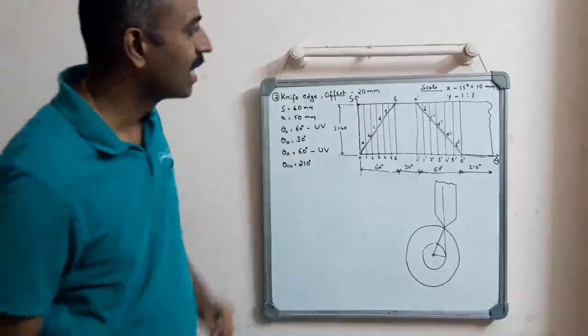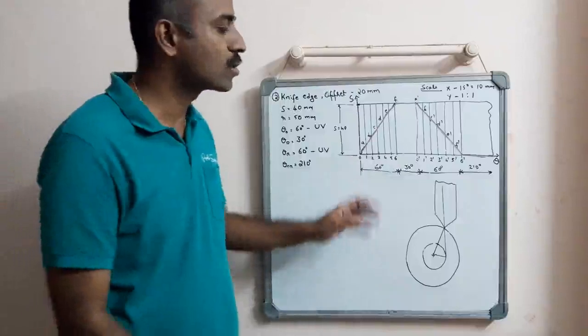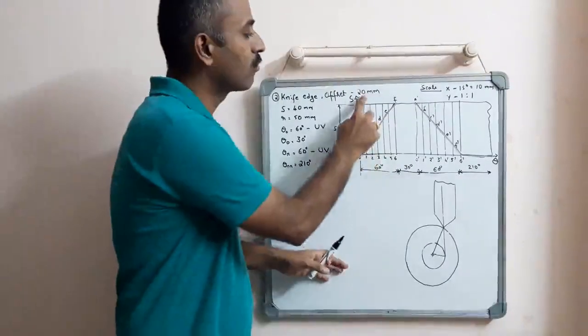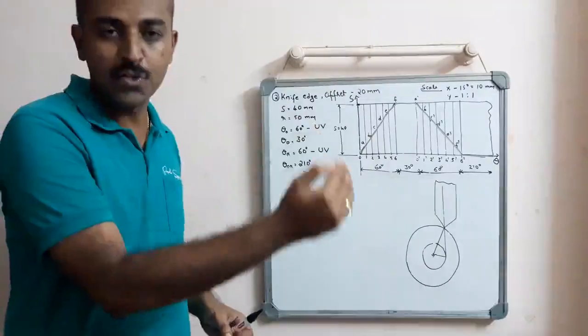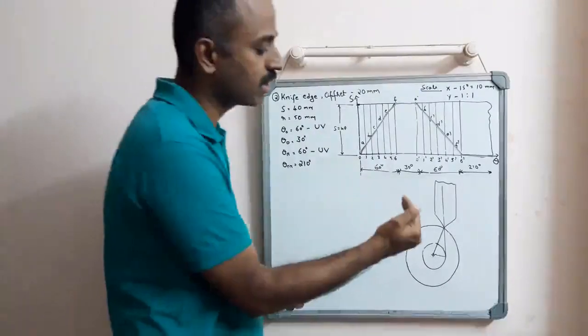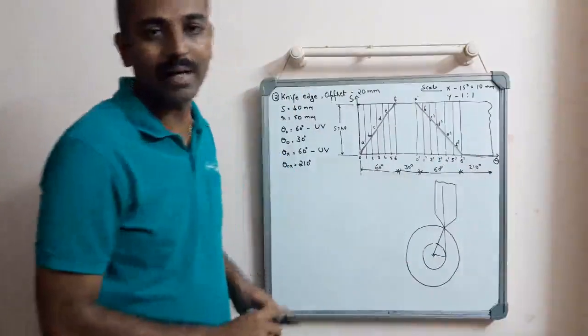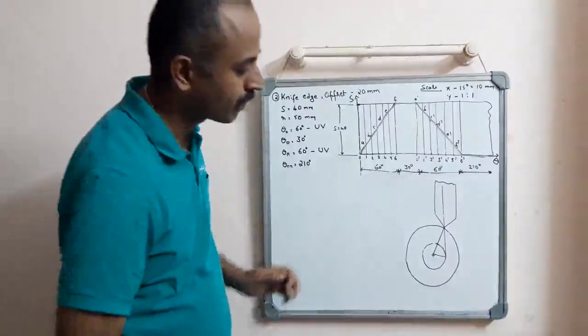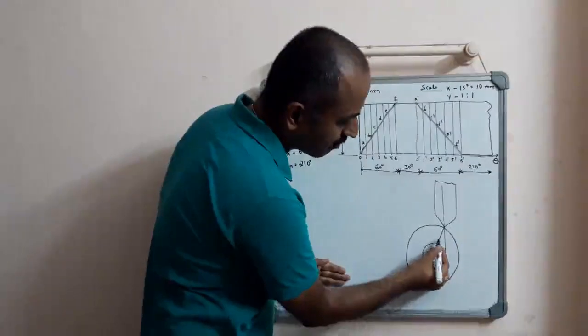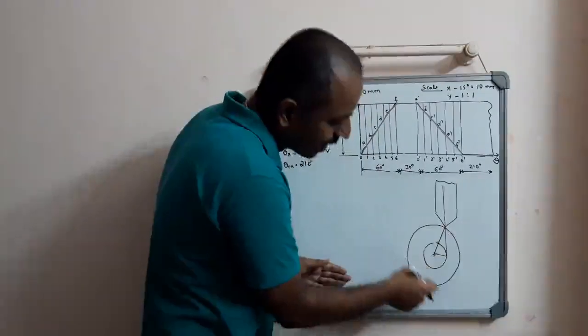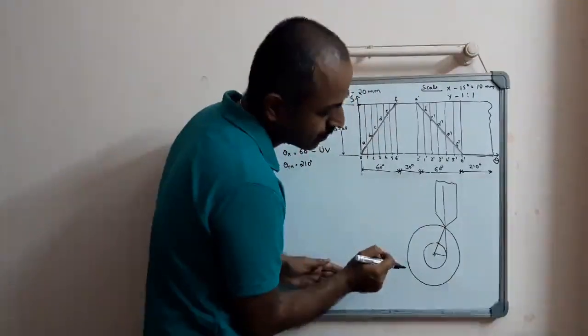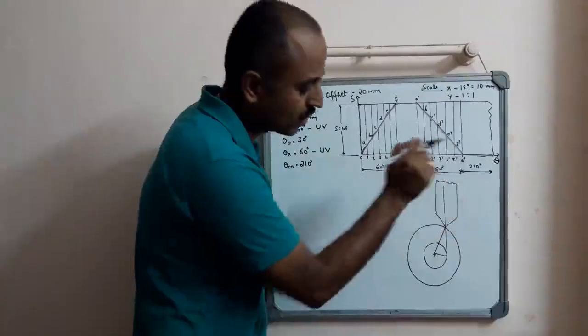Also, in the given question, it has not been mentioned whether the follower is offset by 20 mm to the right or left. We will assume the follower is offset to the right of the cam axis. Now, this will be the reference line. With reference to this line, divide the base circle of the cam into 4 regions as you did earlier.